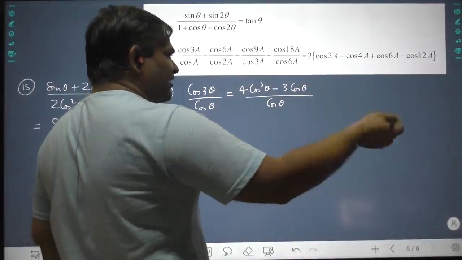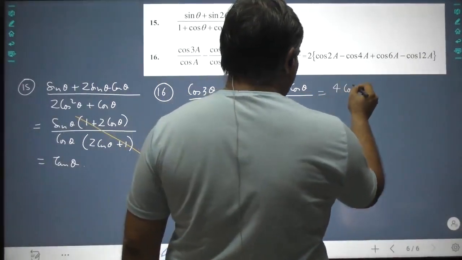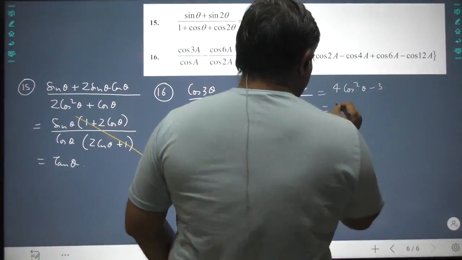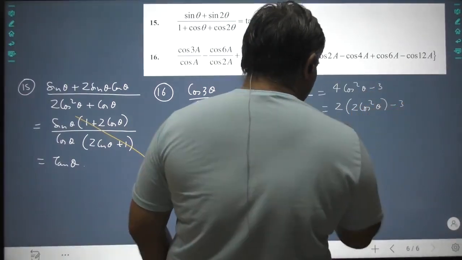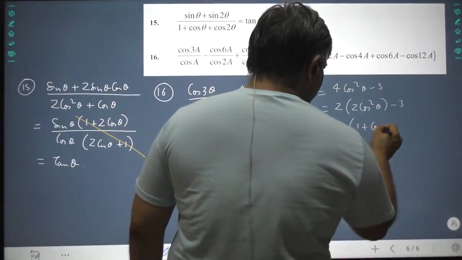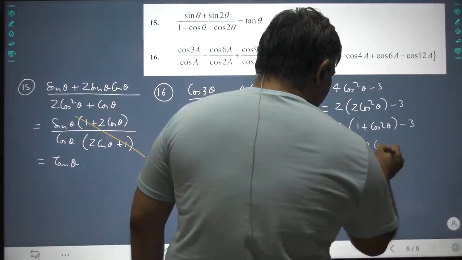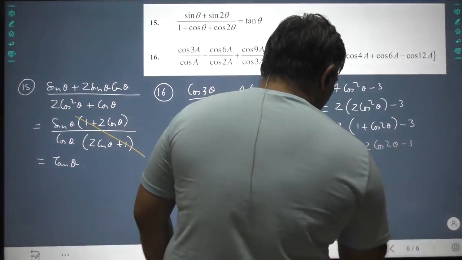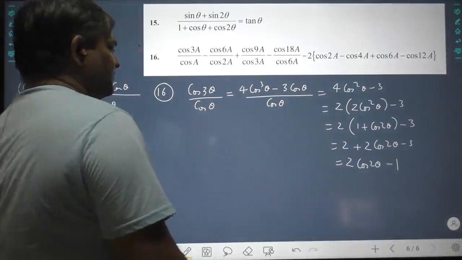So it is something like making cos 2 theta. So I have 4 cos square theta minus 3. I will write it down as 2 times 2 cos square theta minus 3, which I can write down as 2 times 1 plus cos 2 theta minus 3. So 2 plus 2 cos 2 theta minus 3, so this thing is 2 cos 2 theta minus 1.